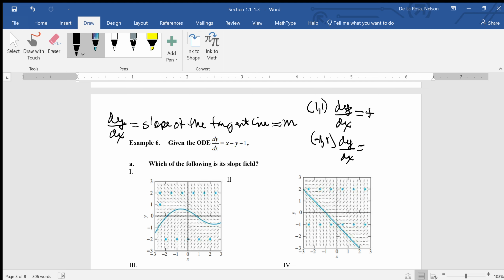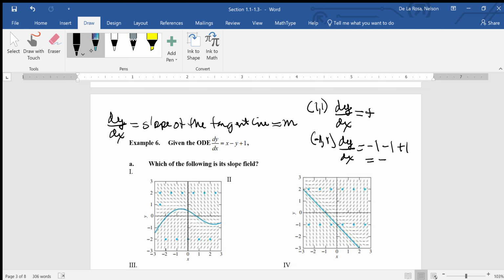We're going to have negative 1 minus 1 plus 1, and that is going to be obviously negative.